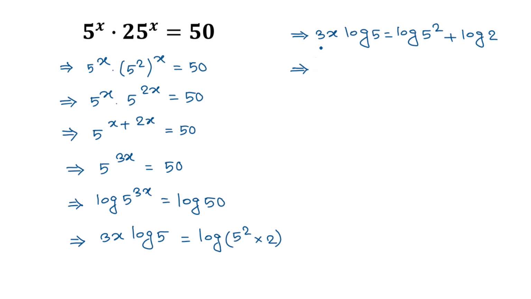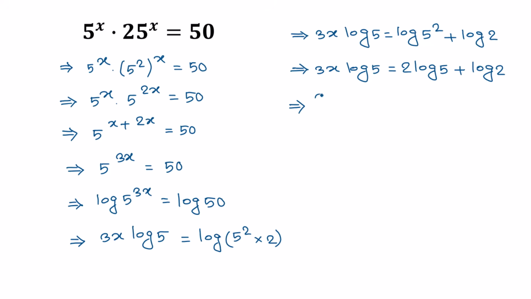Or on the left side, 3x log of 5, and again applying the formula log a to the power b is equal to b times log a, this is 2 times log of 5 plus log of 2.